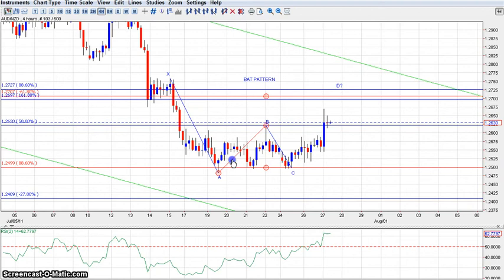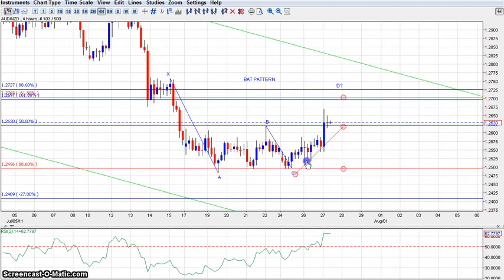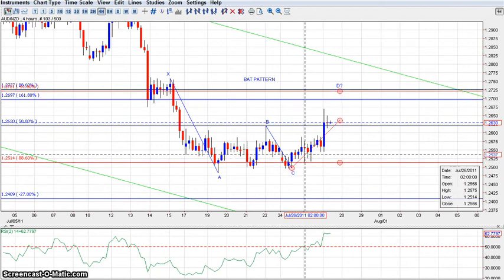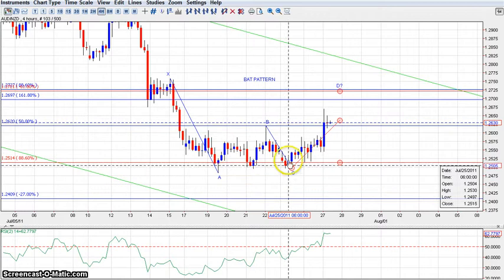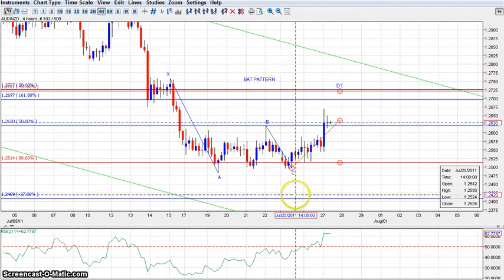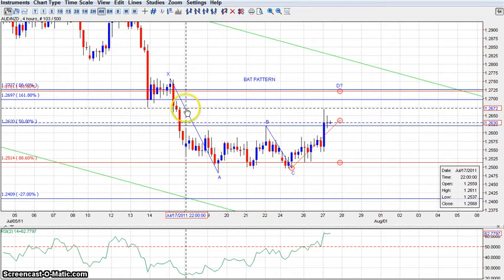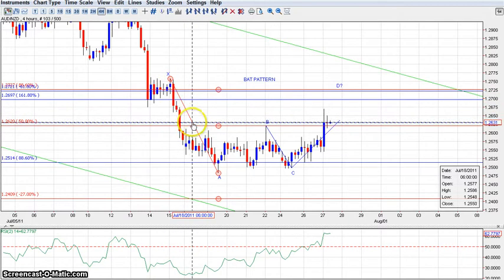Now the resistance zone is defined by 3 different price levels from the Fibonacci extension of this pattern. If you look at the upper boundary, it's the 88.6 retracement of the XA leg.